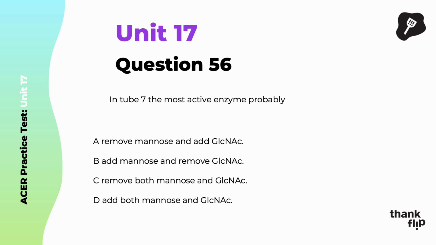So for question 56 and 57, we're given some extra information as well. We're given a graph. And so 56 is asking us, in tube 7, the most active enzyme probably does what? So looking at our x-axis, if we look at tube number 7, we see the white peak.